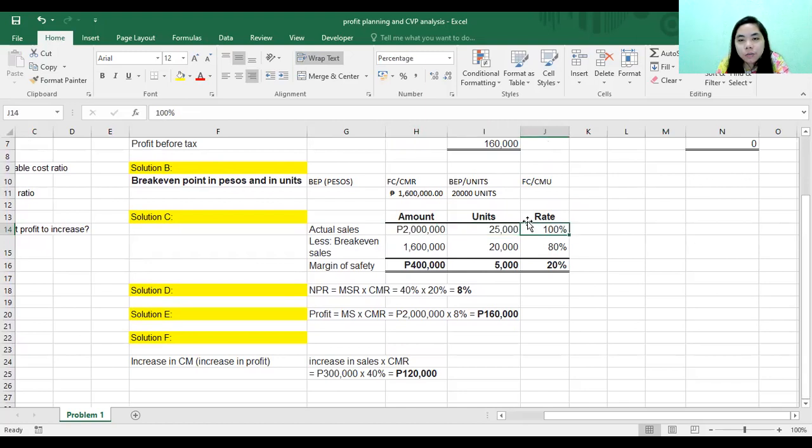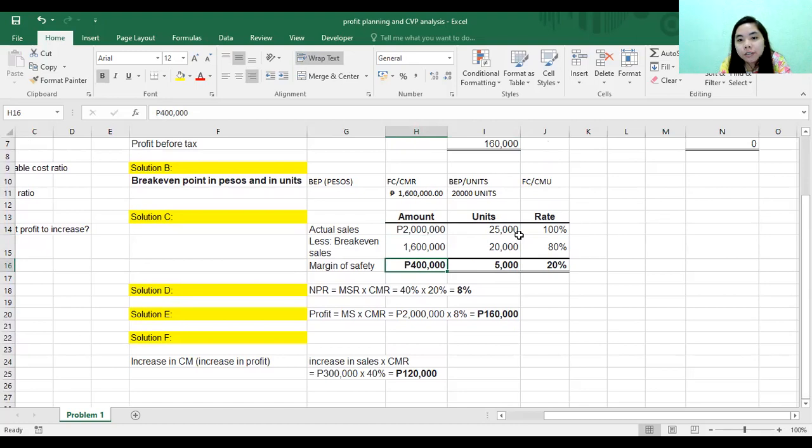So your actual sales will represent the 100%, less your break-even sales of 1.6 million, which is for 20,000 units. Therefore, your margin of safety in pesos is 400,000. So you have an allowance of 400,000 until you reach your break-even.